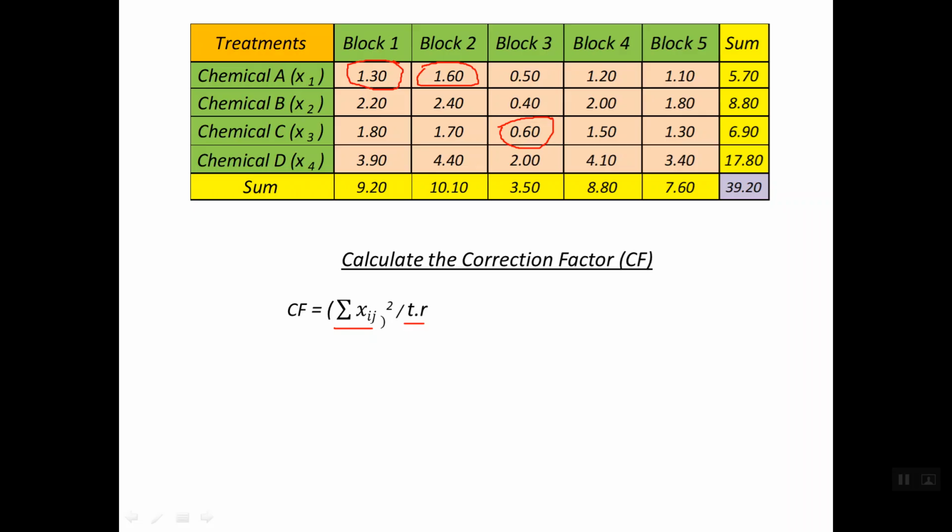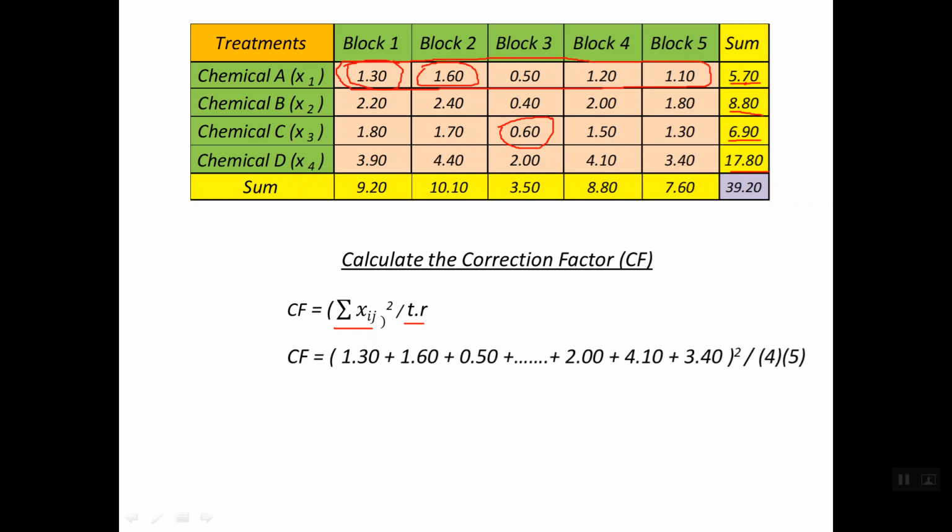Regarding chemical A, for example, these are all the records we are interested in. The sum of all of these records has been calculated. So it's 5.70. This is the sum for treatment 2. This is the sum for treatment 3. And this is the sum for the last treatment, which is treatment 4.